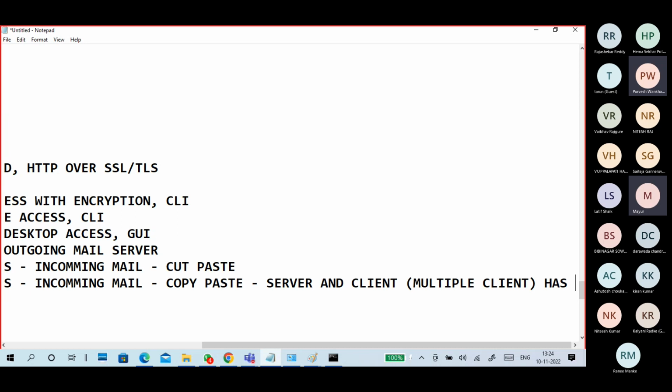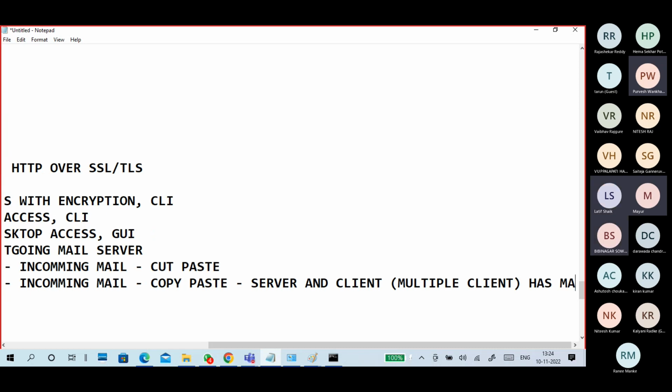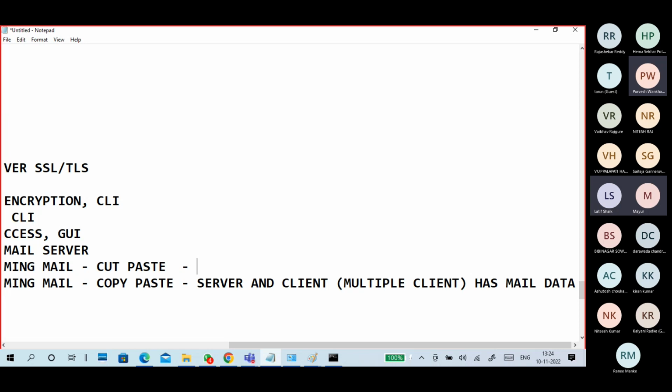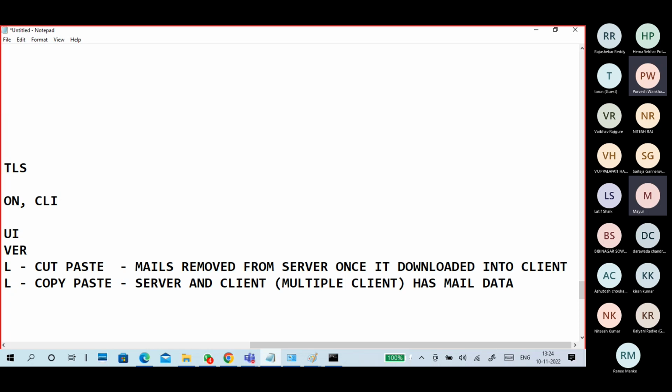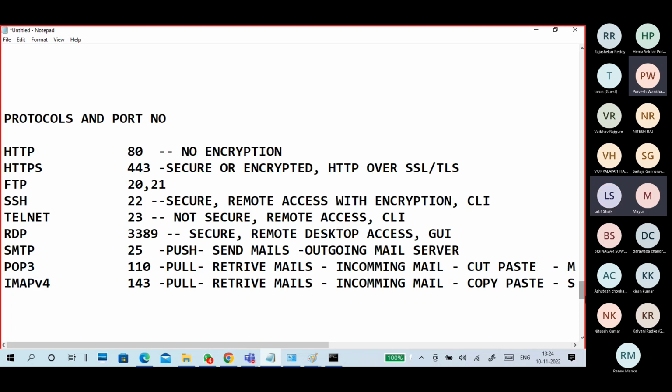With POP, mails are removed from the server once they are downloaded into the client PC.